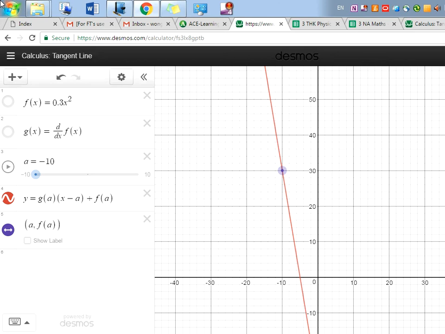Then the next point that they are interested in is when x equals 0. When x equals 0, what is the gradient? Again, we find the point where x equals 0 on the curve, it is over here, and we draw a tangent. In this case, because it is the maximum point, the gradient is 0. It's flat. Do we need to calculate? No need, because the gradient is going to be 0 straight away.